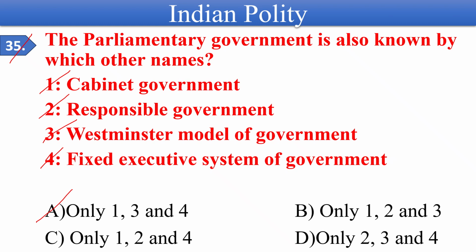Option A only 1, 3 and 4. Option B only 1, 2 and 3. Option C only 1, 2 and 4. Option D only 2, 3 and 4. Option B only 1, 2 and 3 is the correct answer.